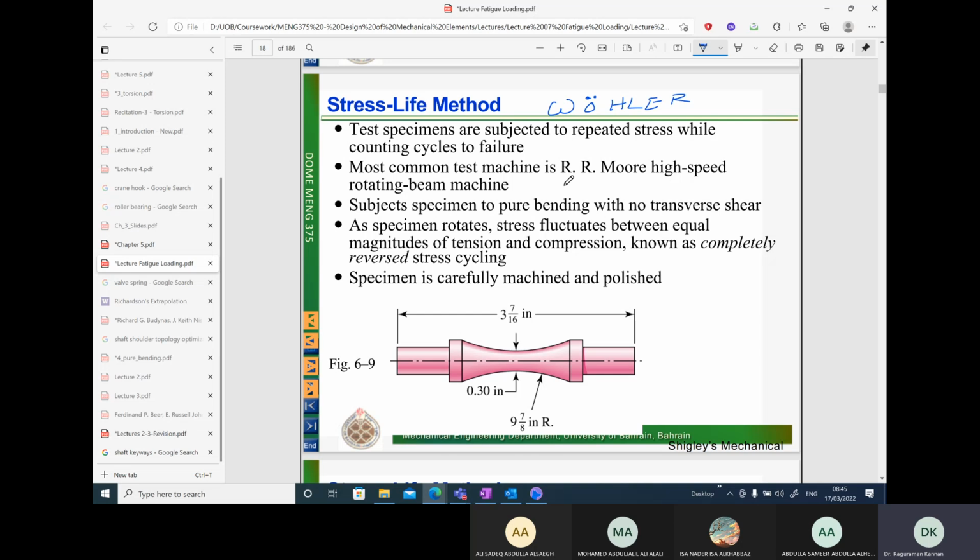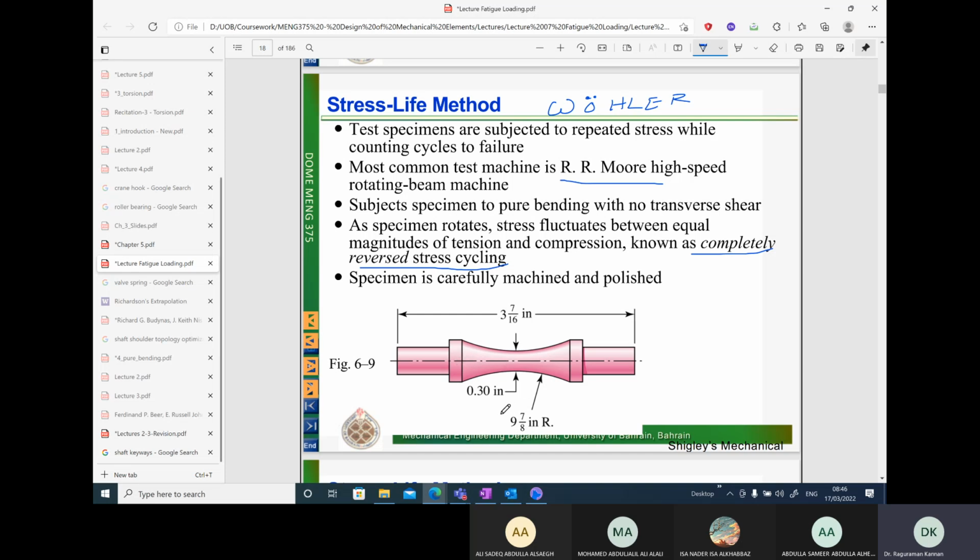If you apply bending stresses in cycles, it is called the R.R. Moore high-speed rotating beam experiment, where we apply completely reversed bending stresses on the specimen until it fractures. In this stress life method, we apply the stress in a controlled way.